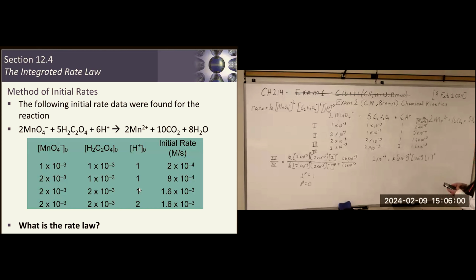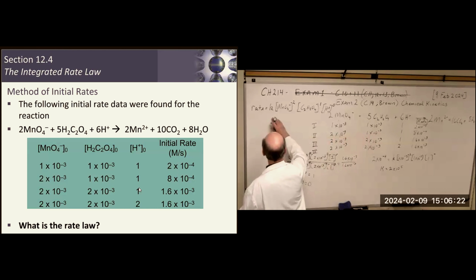Okay, then I should have cubed them. 1 exponent 3 divide again, and that's 1, so it doesn't matter. So K, I get K equals 2 times 10 to the 5th.